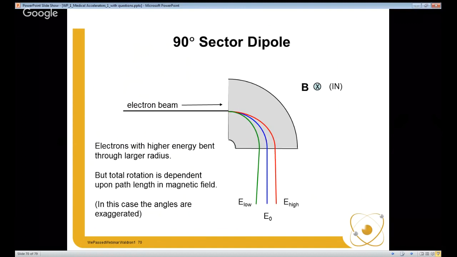But we don't use a 90-degree bending magnet. This has a problem in that the energy distribution is also spatially distributed this way, and so that means that our patients would get high energy treatments near their head and low energy treatments near their feet. We don't want that.